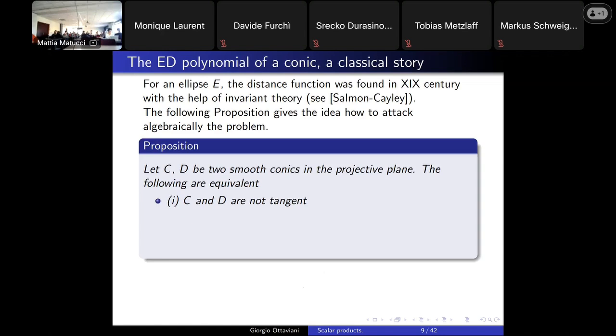Take two conics. Then this is a geometrical proposition. When two conics are not tangent, it means they have a transverse intersection. So let's make a drawing.